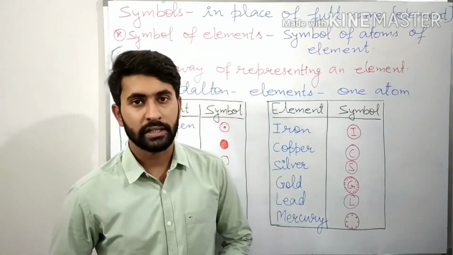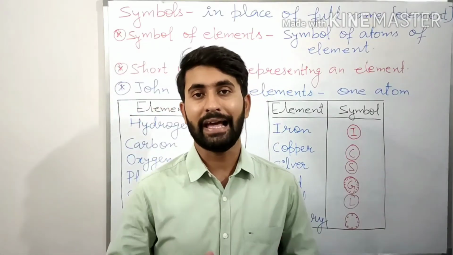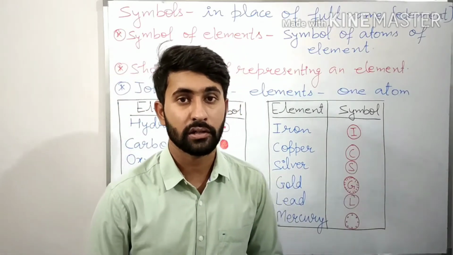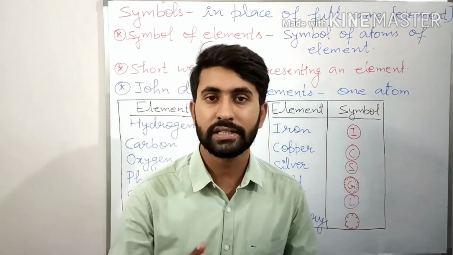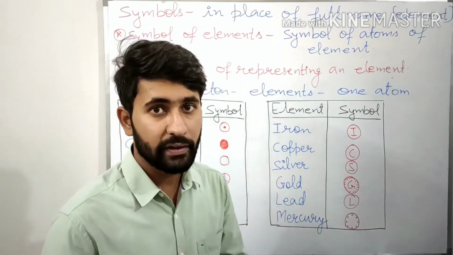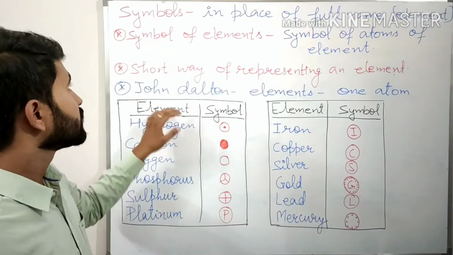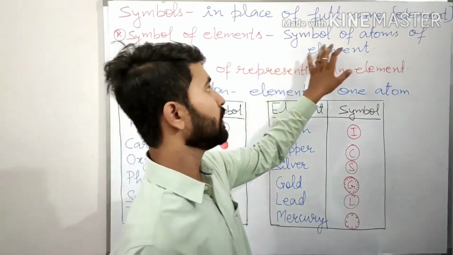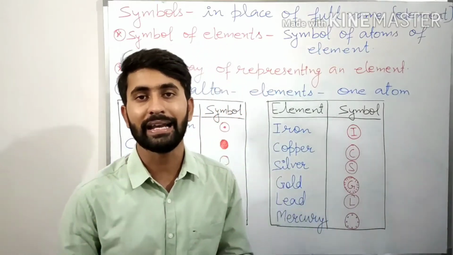Instead of using the full name of an element while writing a chemical equation, we use its symbol. Since elements are made up of atoms, the symbol of an element means the symbol of atoms of that element.